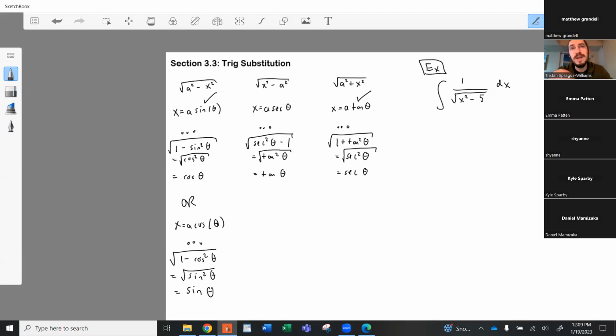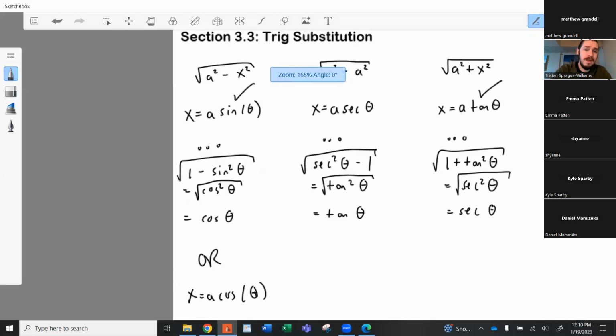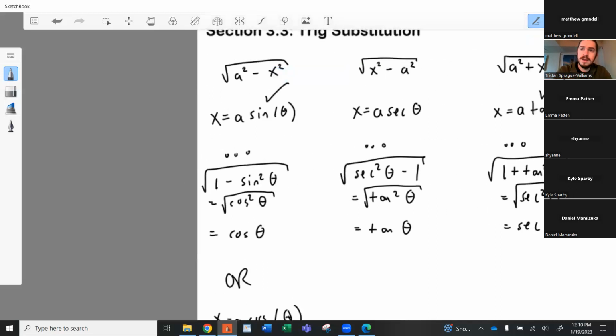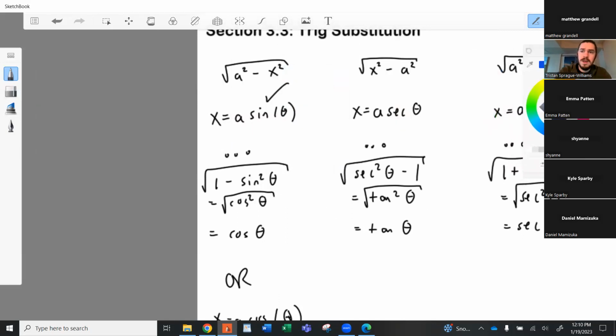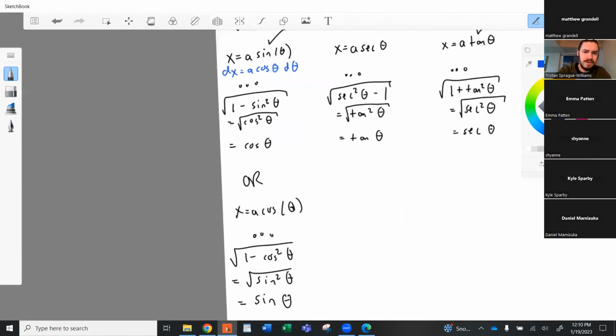So you could do that, but they both work, so they're almost equivalent. The only difference between them is in this case, you get dx equals a cosine theta d theta, whereas in this case, you get dx equals negative a sine theta d theta.